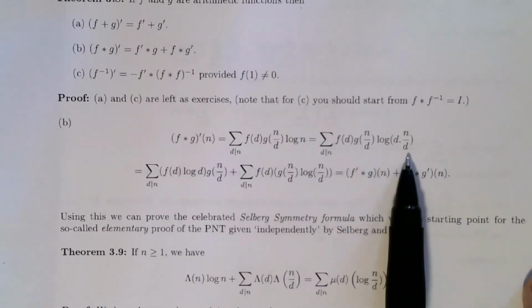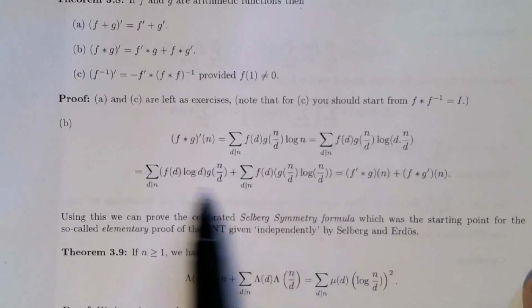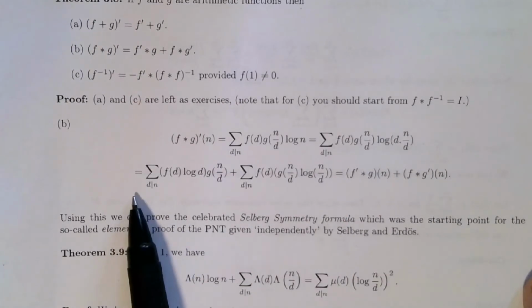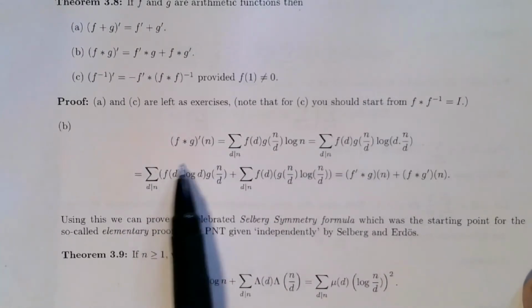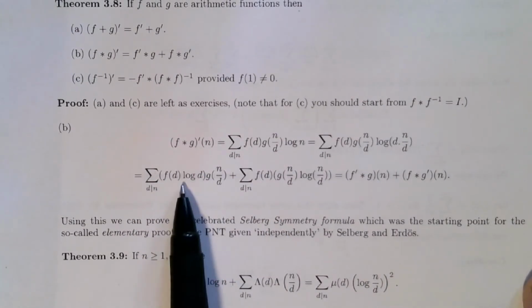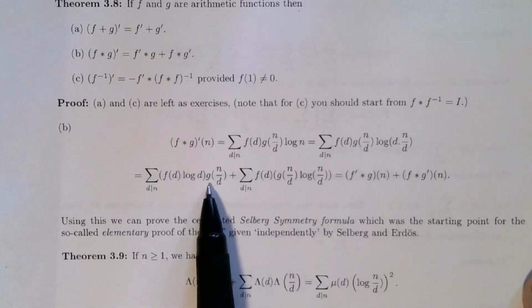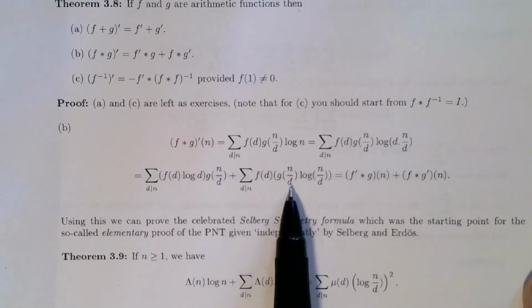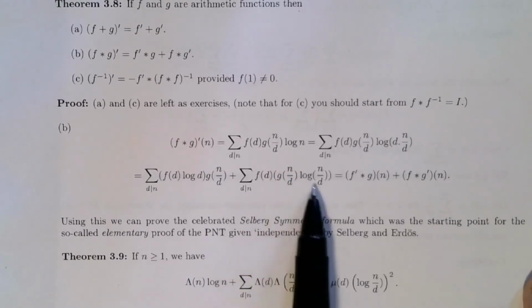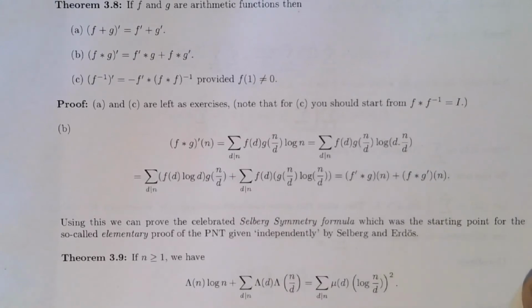And finally then we just go back now and reinterpret this in terms of our Dirichlet product and derivatives, and this is the derivative now of f, and its Dirichlet product with g, and this is f in Dirichlet product with g dashed, that is g times log, and so it falls out very nicely.